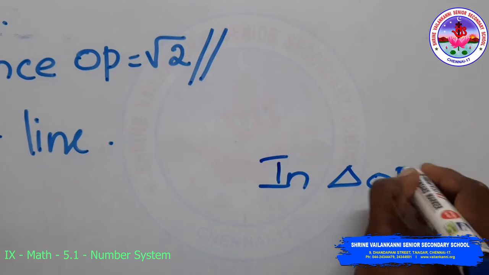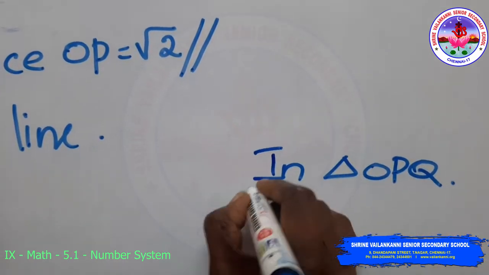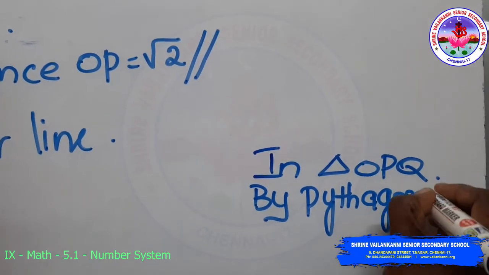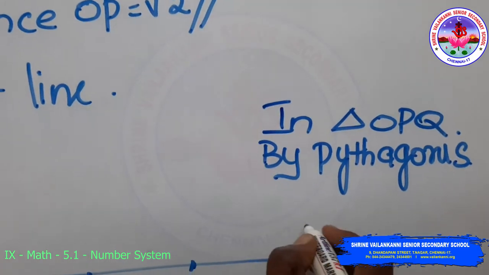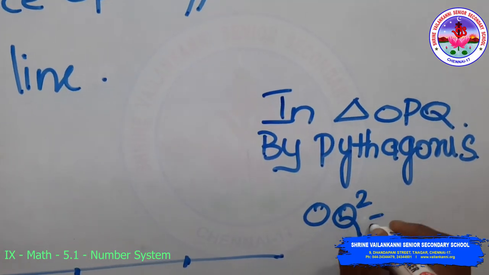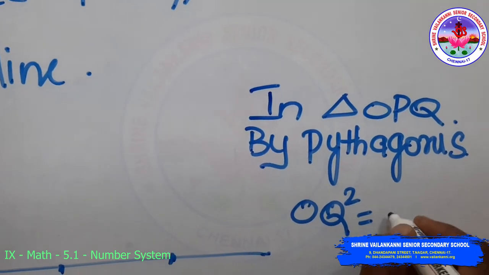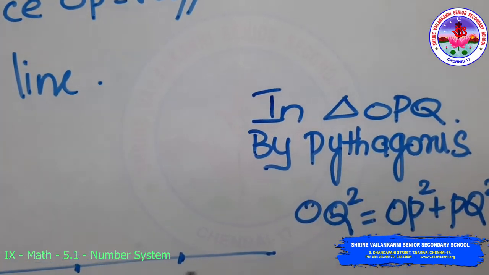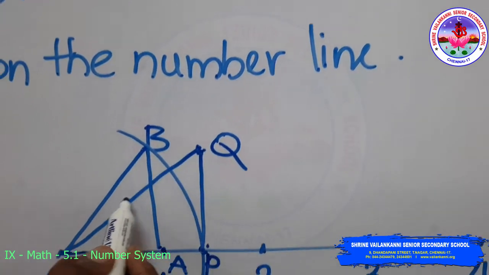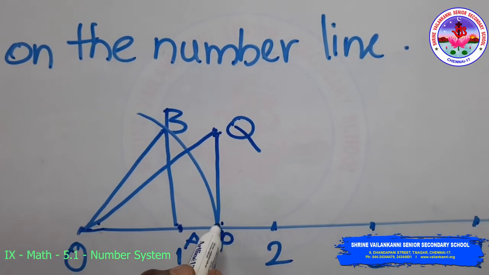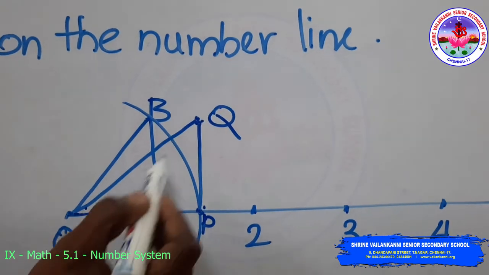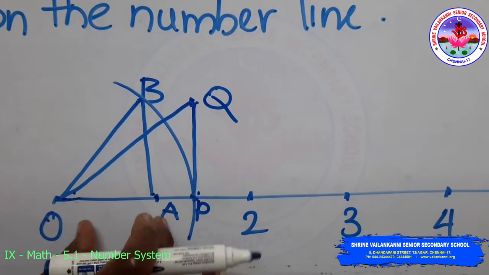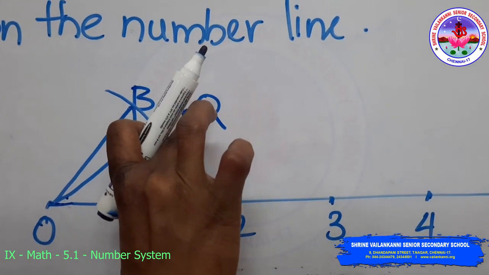In triangle OPQ, by the Pythagoras property, the hypotenuse OQ squared is equal to OP squared plus PQ squared. Here OQ is the hypotenuse, OP and PQ are the two sides of this right angle triangle, where OP is square root of 2 and PQ is the perpendicular distance of 1 unit.